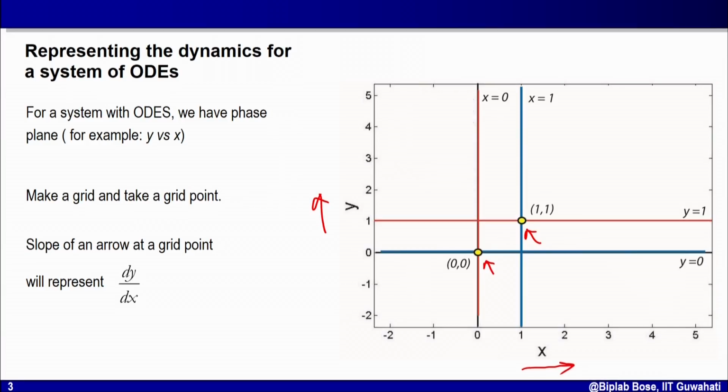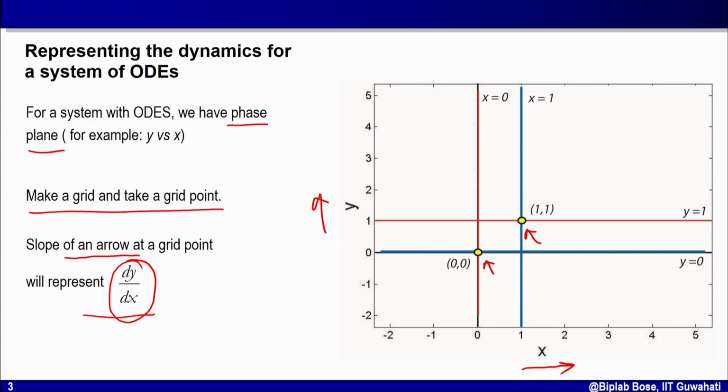What we will draw here is this: I will divide this whole y versus x plane, which is the phase plane, into an equidistant grid, and at each grid point I will draw an arrow, and the slope of the arrow will be equal to dy/dx, the derivative of y with respect to x.